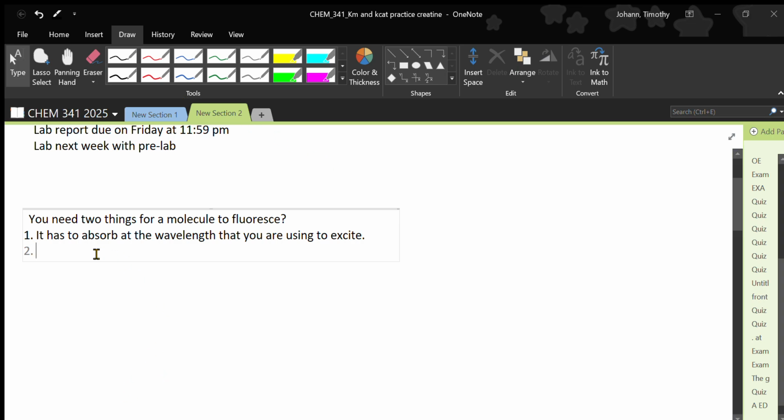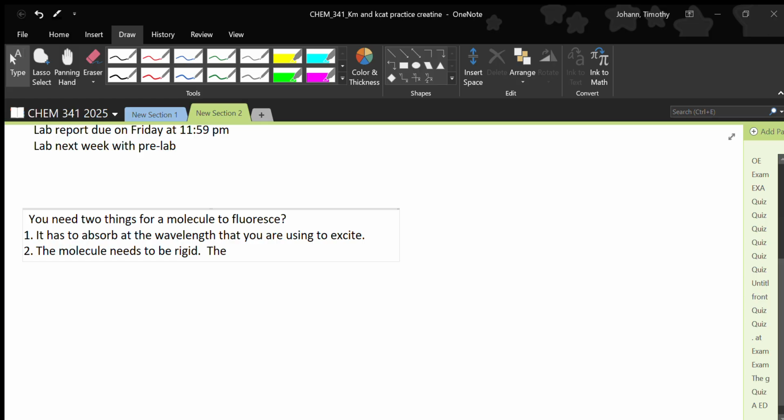That second thing is the molecule needs to be rigid, okay? I'll talk about that a little more. And kind of the more rigid, the better. Right?